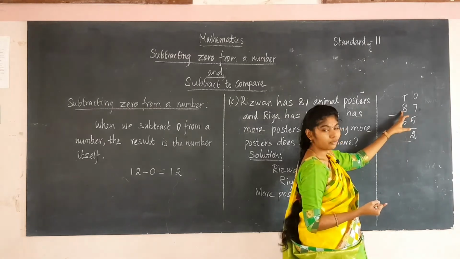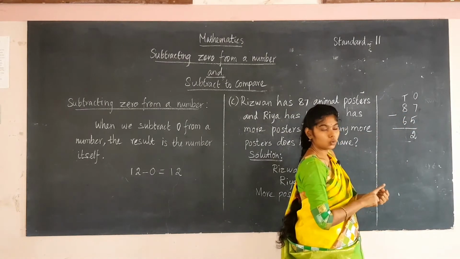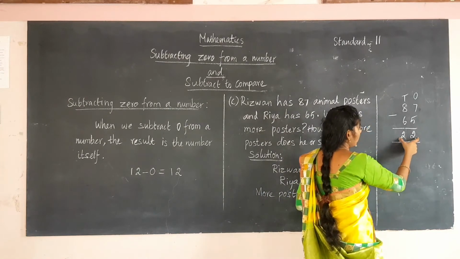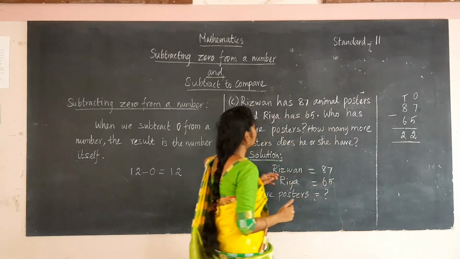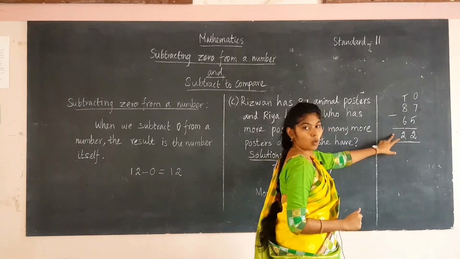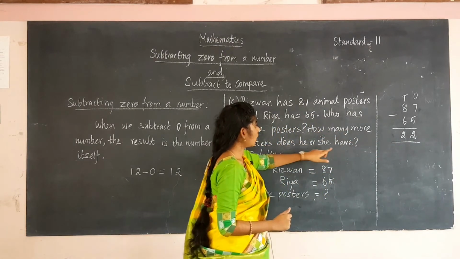Say the numbers before 8: 7, 6, 5, 4, 3, 2. So write 2 in the tens place. So we have got the answer as 22. So we have found that 22 is how many more posters he or she has.